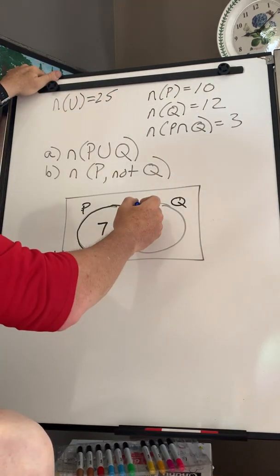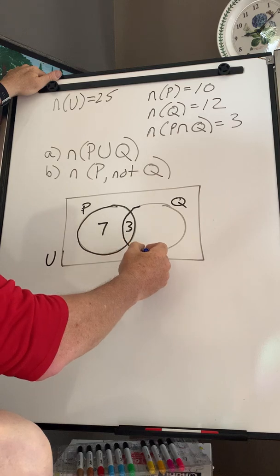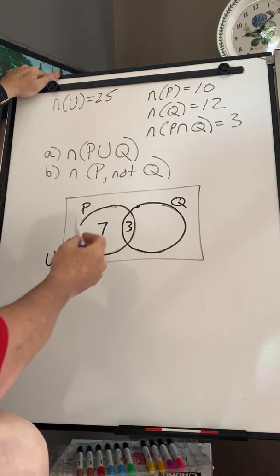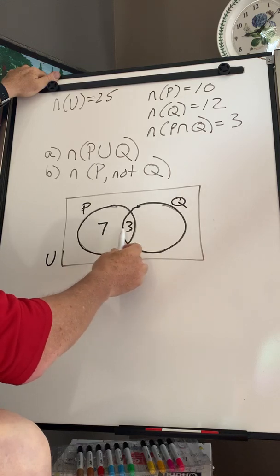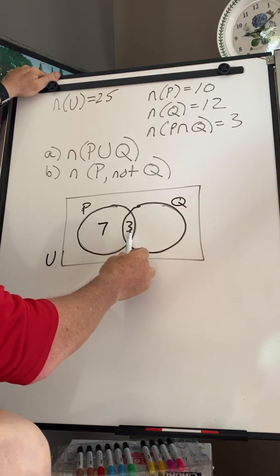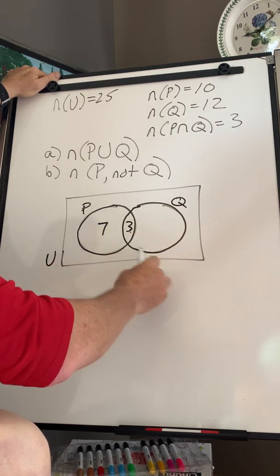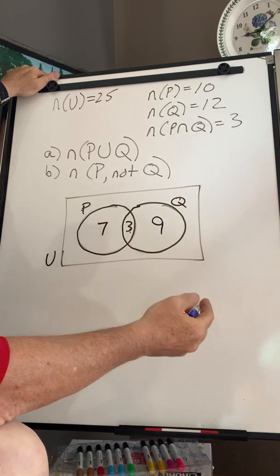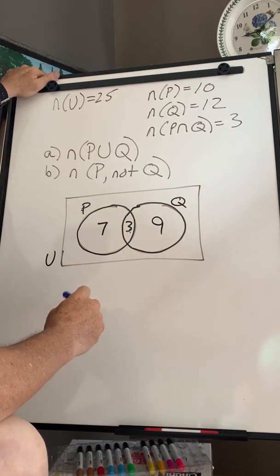The same concept is used on this side for Q. And that means I have 10 in P, that doesn't really matter, but I get 3 in the intersection, but there's a total of 12. So this has to be 9, because I take the 3 away from the 12 to give me the 9.